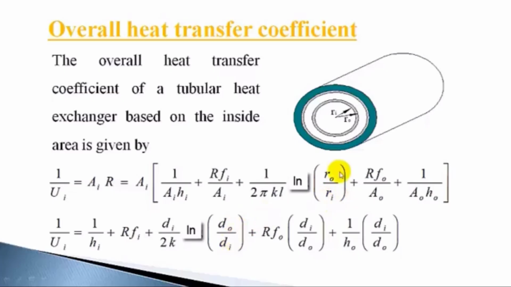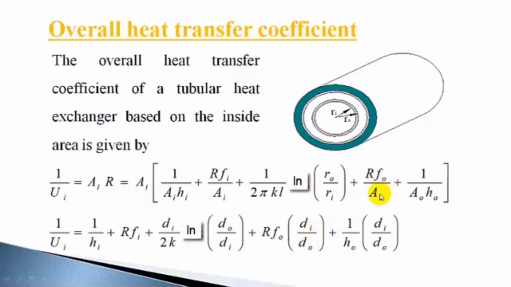So R0 is D0 by 2, Ri is di by 2, the 2 cancels, you get D0 by di. And when you take AI inside, AI by A0 is 2 pi RiL and A0 is 2 pi R0 L. So 2 pi L cancels, you get Ri by R0 or di by D0. Ri by R0 is di by D0.